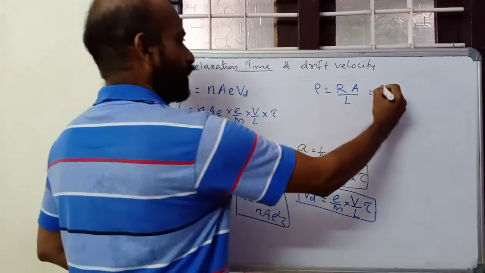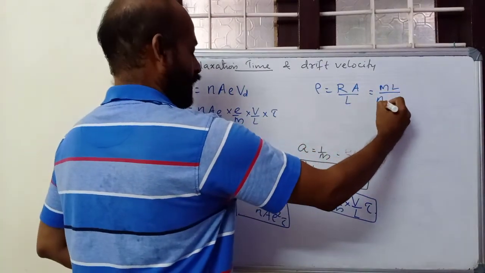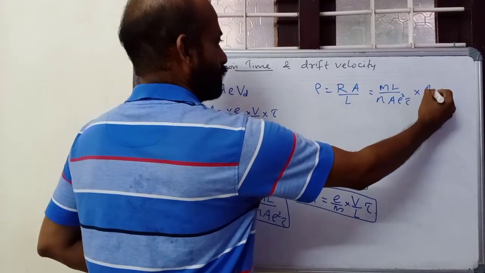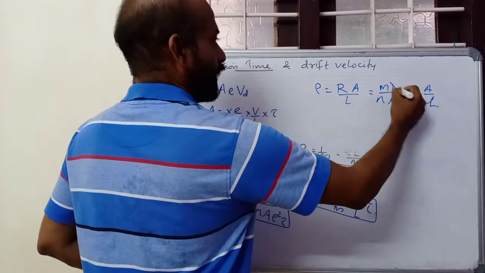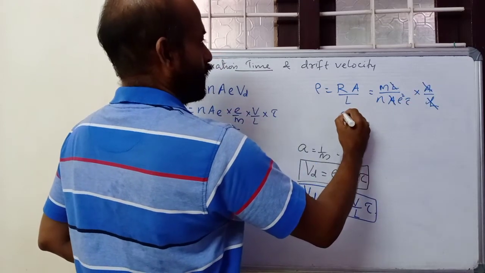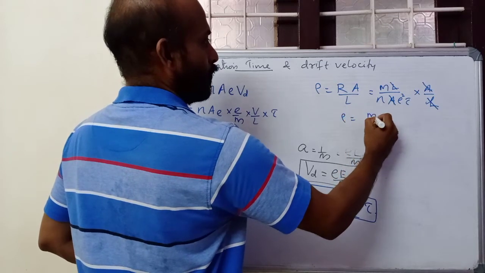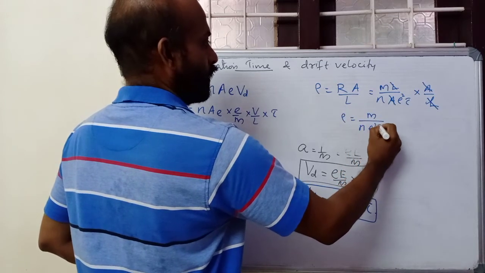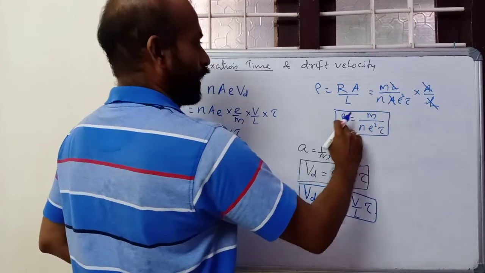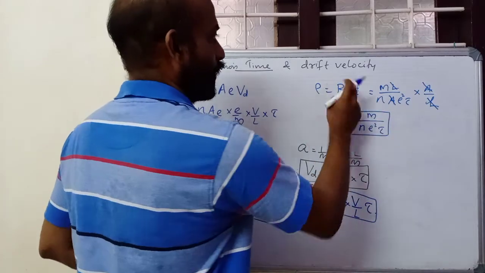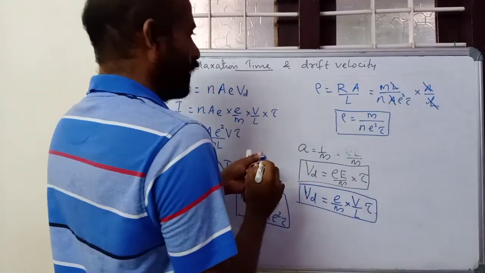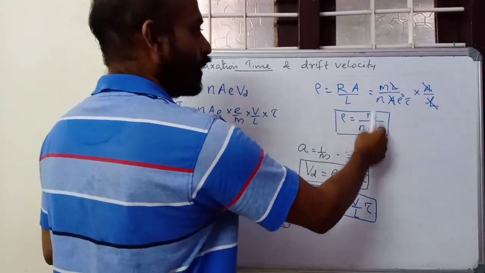R is equal to m L by N A e square tau, into A by L. L cancels, area of cross section cancels. What will you get? Rho is equal to m by N e square tau. So area of cross section and length of the conductor cancel, and the remaining terms are m by N e square tau.